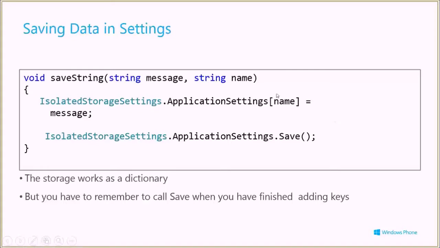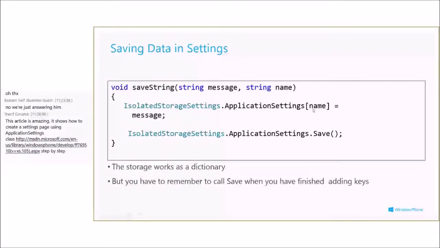So whenever you open the application, you want it to show your name, right? That's how you can save it. Like isolated storage settings, application settings name, equals the string here, and then you save this application settings. Remember, you have to save. If you haven't saved, whatever you've done will be deleted once you leave the application.